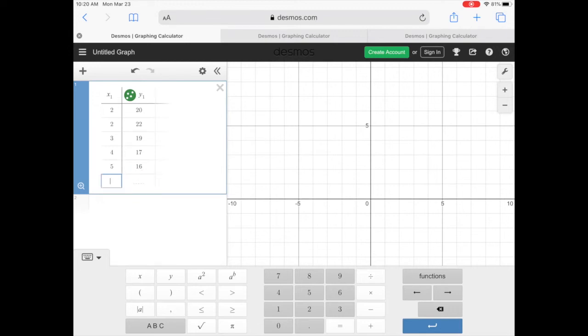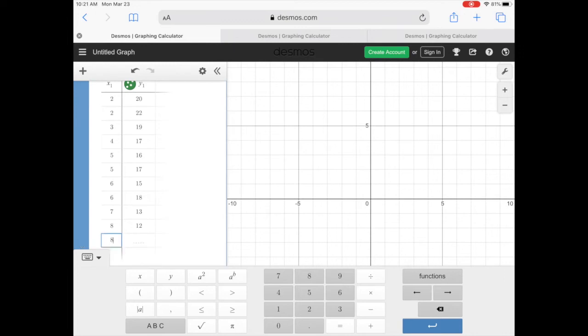516, 517, 615, 618, 713, 812, 814, 816, 911, and 914.